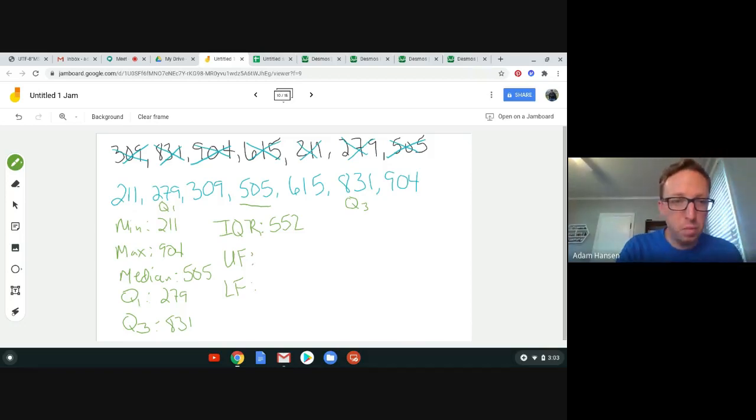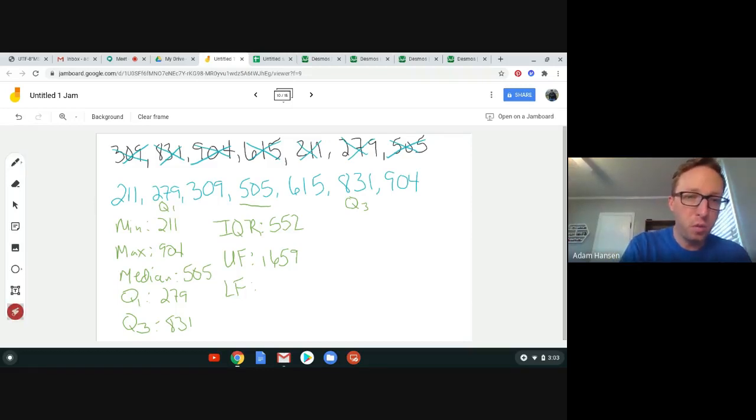So the upper fence would be Q3 plus 1.5 times the IQR. So 831 plus 1.5 times 552 is 1,659. Our maximum is smaller than that, so we have no outliers. We have no data points that are more extreme than our cutoff fence of 1,659.